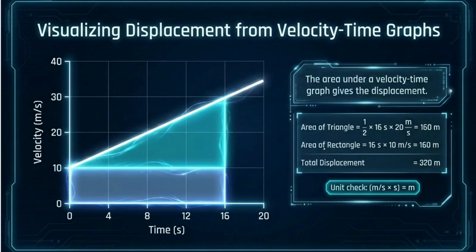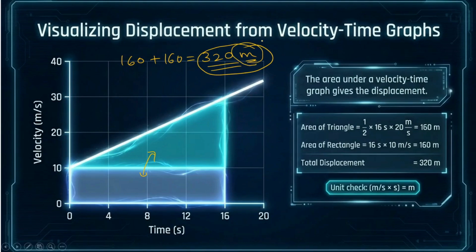And you just have to add these two, 160 plus 160, which is 320 meter. So you can say the displacement of this object is about 320 meter. The unit of displacement is the meter.